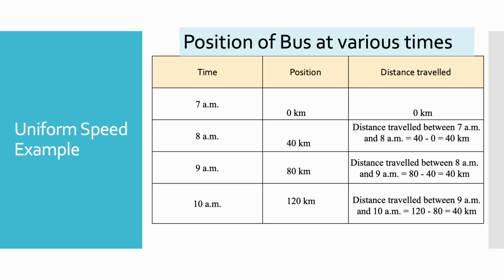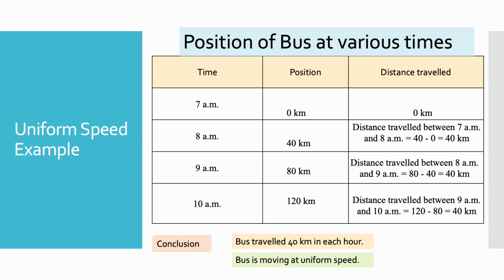And finally, between 9 a.m. and 10 a.m. the distance traveled is 40 kilometers again. So, in every hour, the bus travels exactly 40 kilometers. So, we can say that the bus is moving at uniform speed.